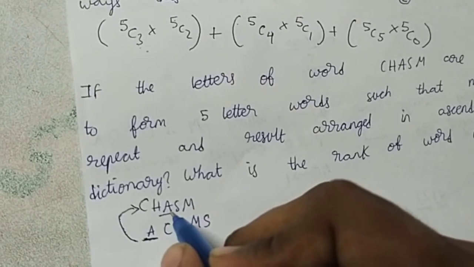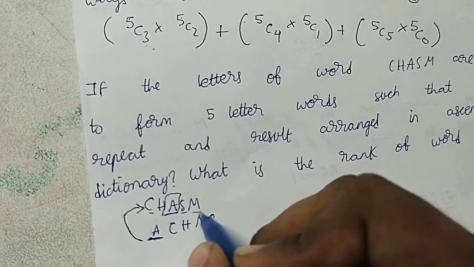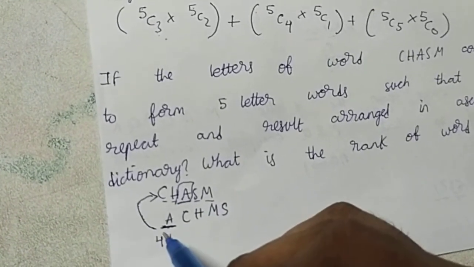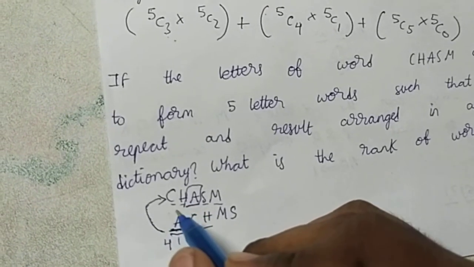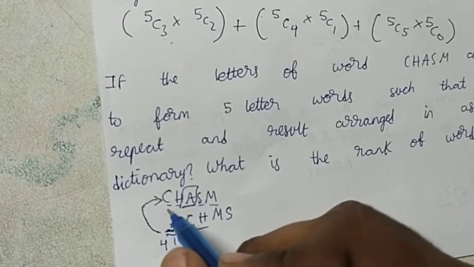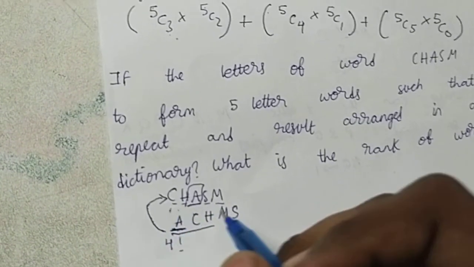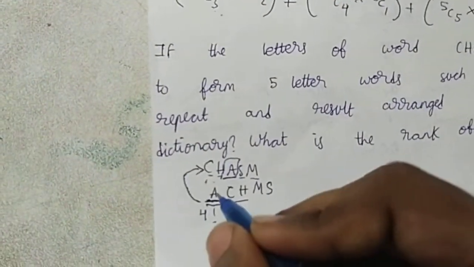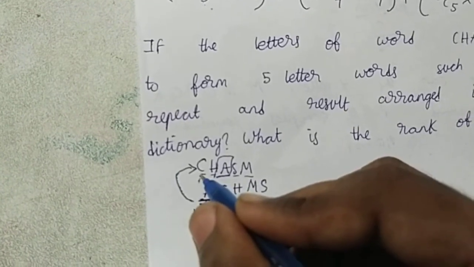We remove A and get 4 alphabets, so we take 4 factorial. After that we take ACH and compare it. After that we take CH and compare it with the word CHASM.